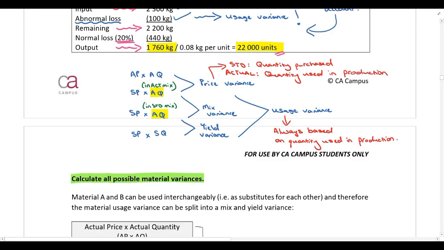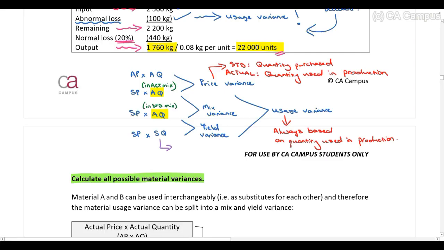That's really the only other very important thing that you need to know. If you have that information in your head, and one other important thing. We started this lecture by saying whenever we calculate variances, we always compare the actual result to the flexible budget. We never compare the actual result to the original budget.